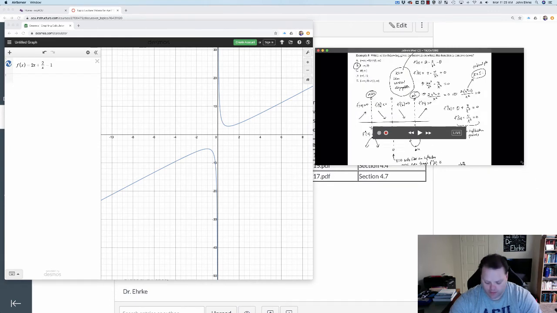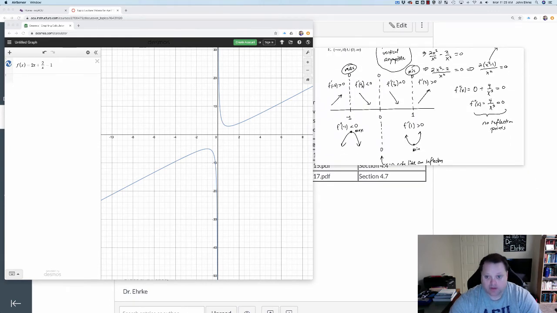Let me make our work a little bit bigger over here. I'm looking specifically at this testing diagram to see if it fits. We're increasing up to this maximum, which occurs at -1. So we're increasing, then we're decreasing. So that fits.